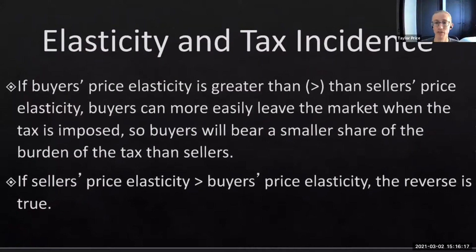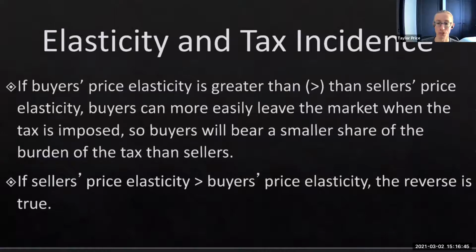And so here's a summary, because I know some people are not visual learners, of what that elasticity and tax incidence look like. Effectively, if a buyer's price elasticity is greater than a seller's price elasticity, meaning the buyers' demand curve is more elastic than the supply curve, buyers can more easily leave the market when the tax is imposed.